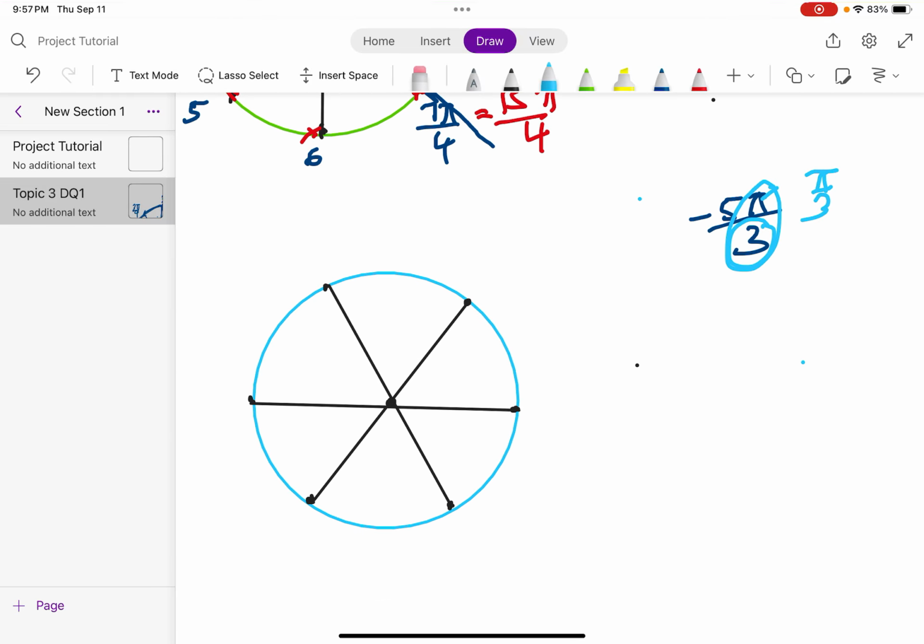You see that again, the top half is 180 degrees, so this is 180, half of the circle. And because I have pi over 3, I cut the top half into 3 slices of equal pieces.